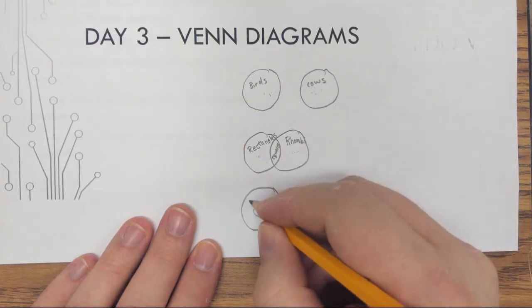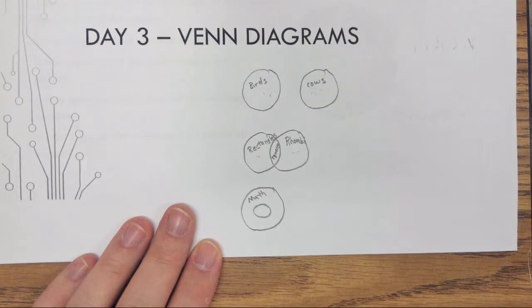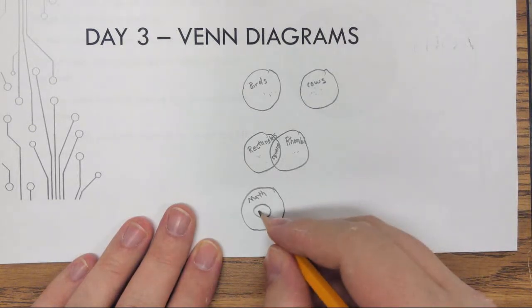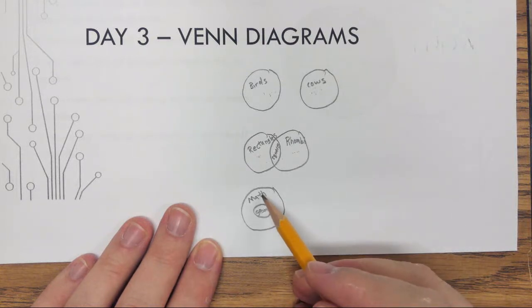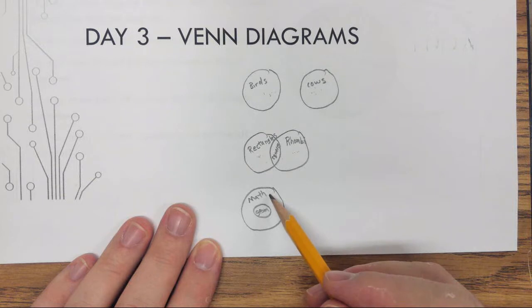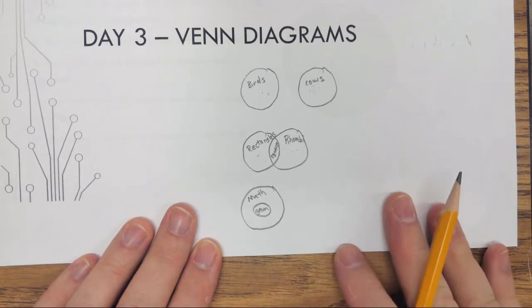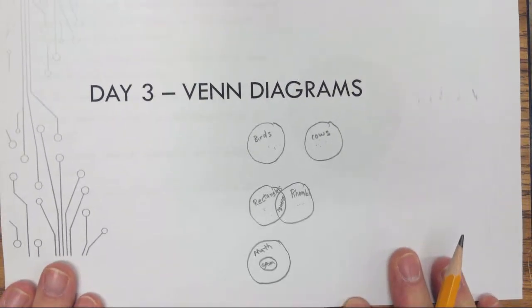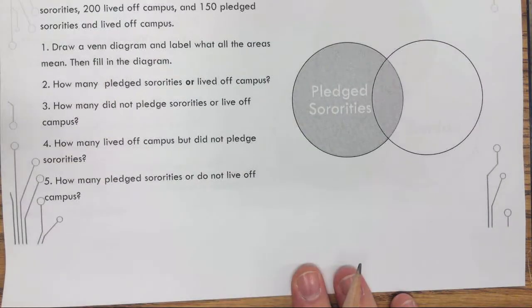So maybe math, the world of math. And then inside of here is geometry. Okay, so all geometry is math, but there's some math classes that are not geometry. All right, and we kind of have some examples of some Venn diagram ideas. All right, so let's move along here.